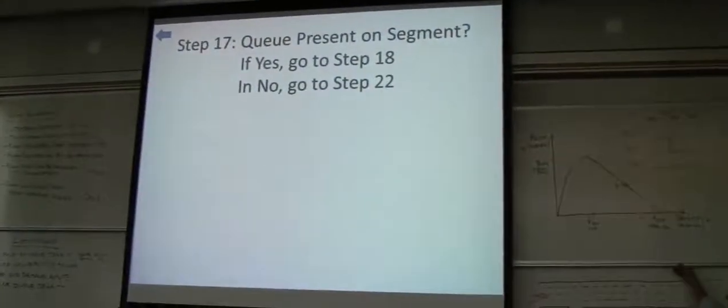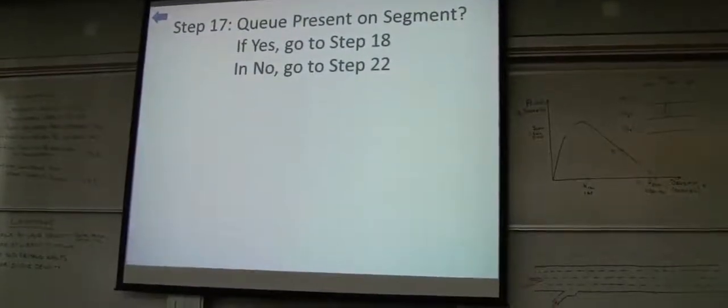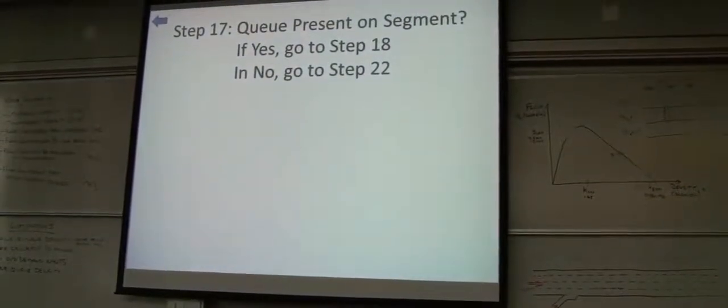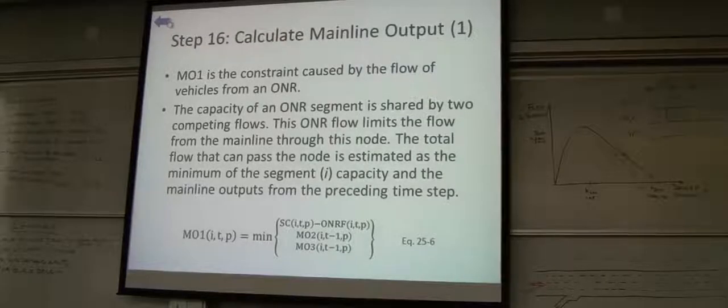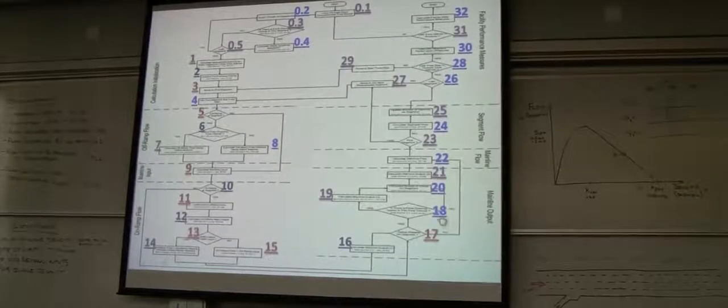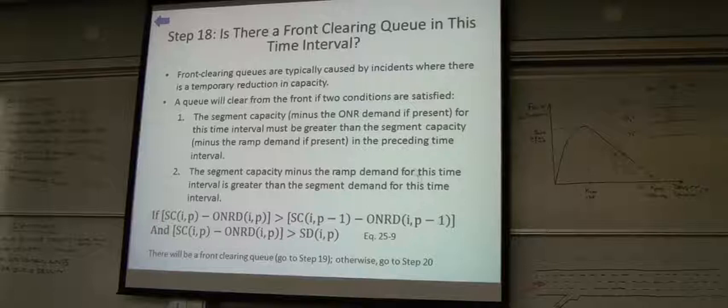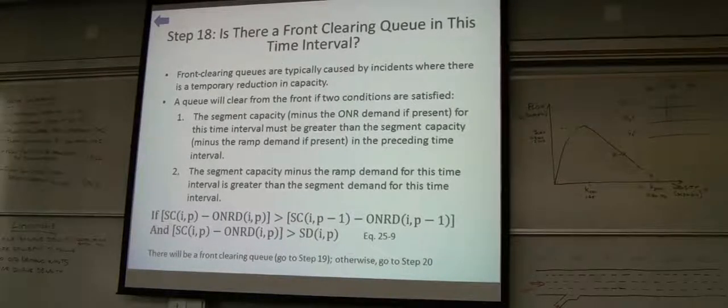Step 17. Here we're checking for a queue situation, so if we have demand over capacity, we're in a queue situation. We need to check to see if we have a front clearing queue. So again, Bastian talked about a couple different queuing situations.